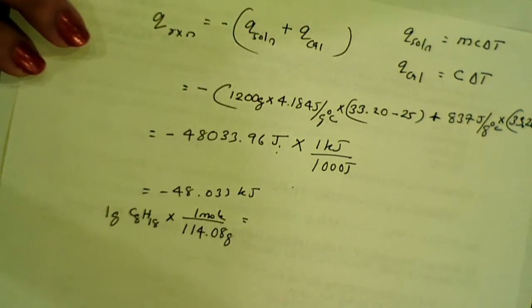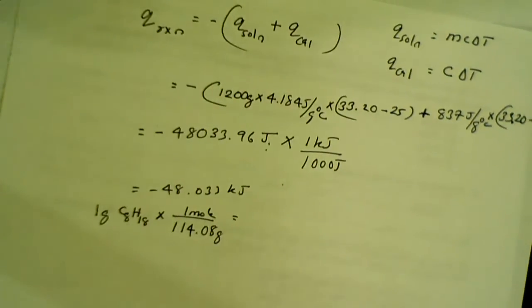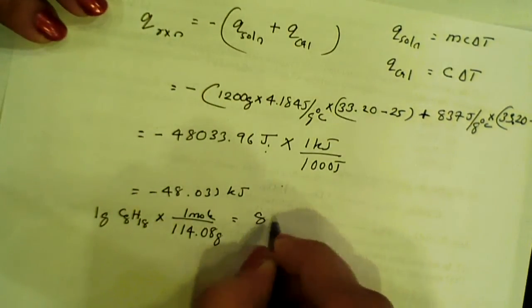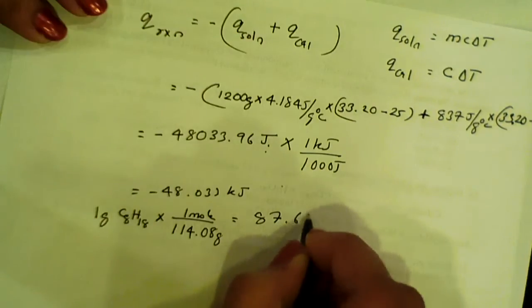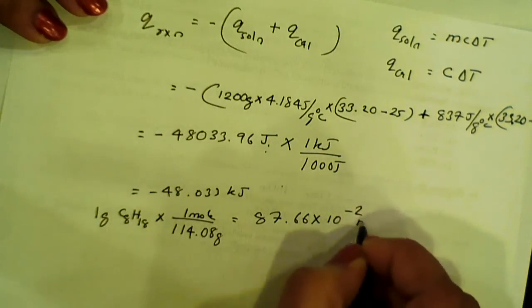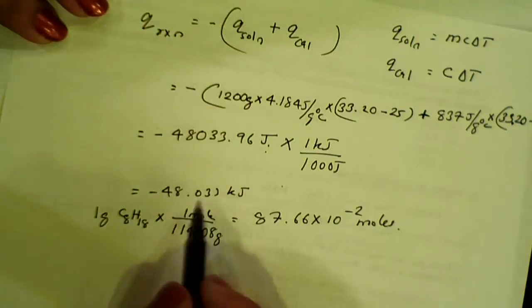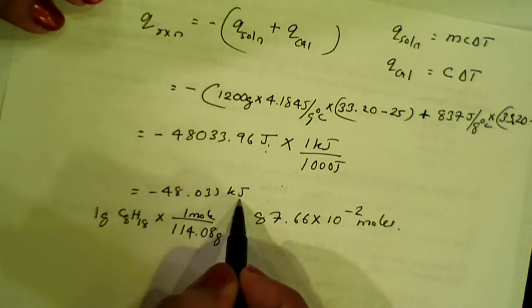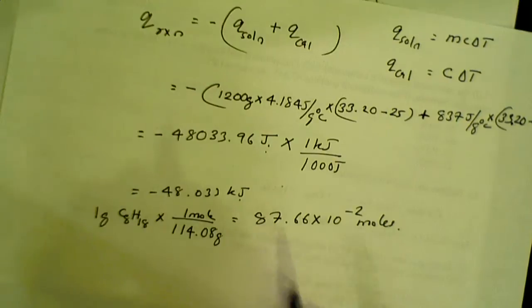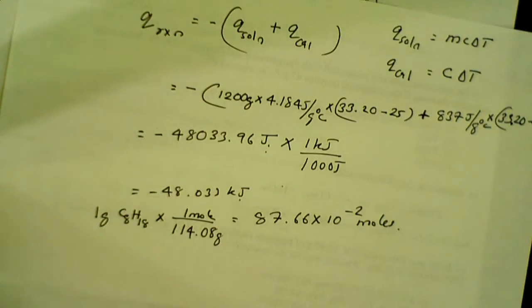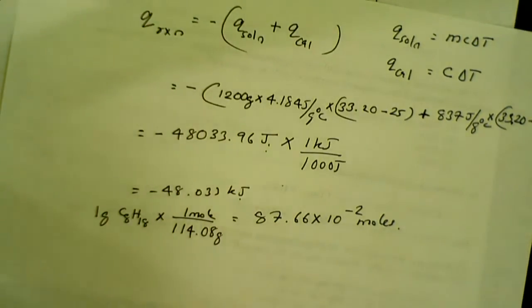So 1 gram C8H18 will be equal to 1 mole over 114.08 grams, which is approximately 87.66 times 10 to the power of negative 2 moles.